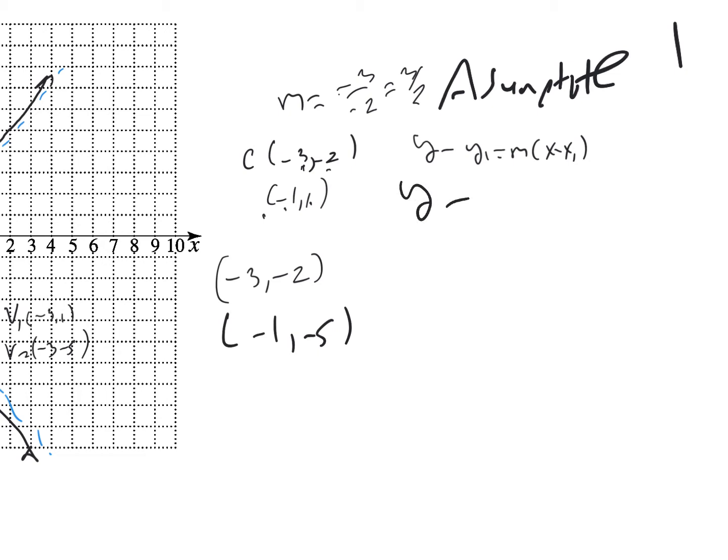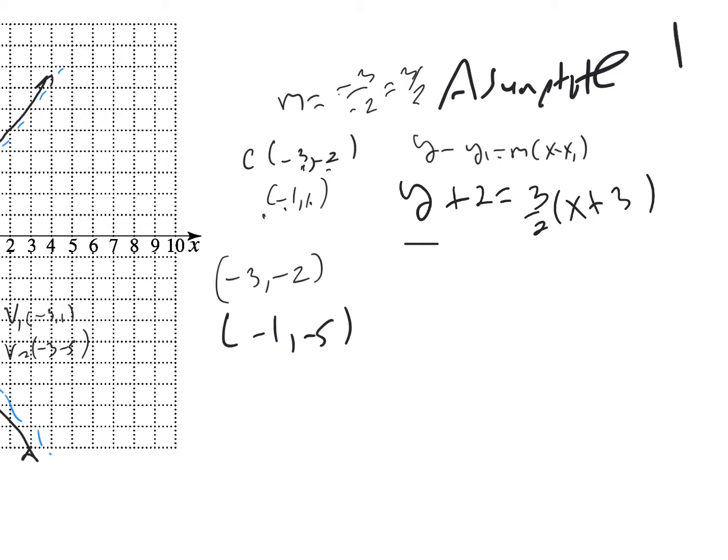So here goes. Y minus, pick a point. I'll pick the center. Y minus the, it was a negative 2, right? Negative 2 minus 1, yeah. Is a negative 2. Minus minus 2 is plus 2 equals the slope of 3/2 times x minus minus 3, which is x plus 3. That's a perfectly good equation.